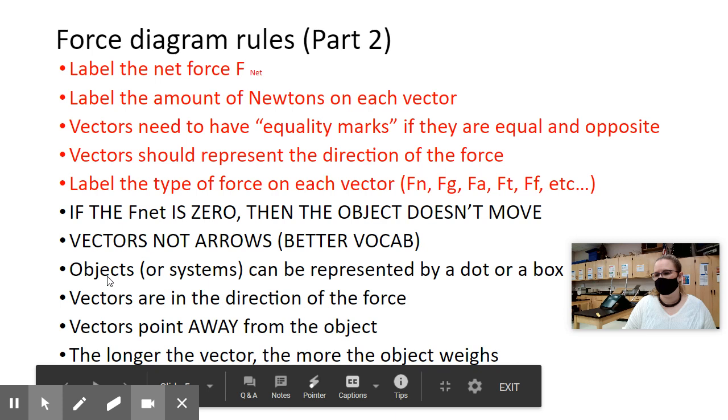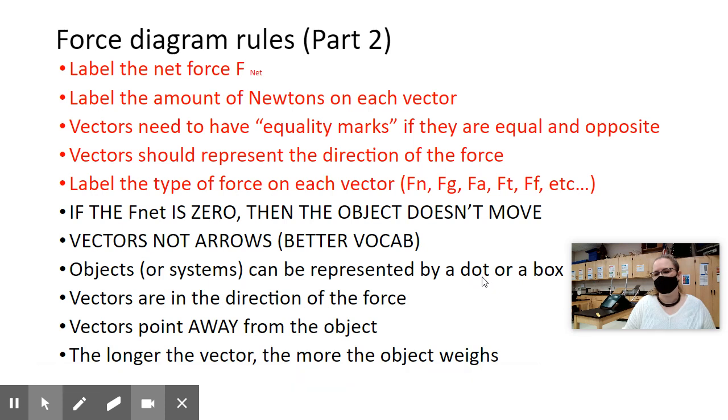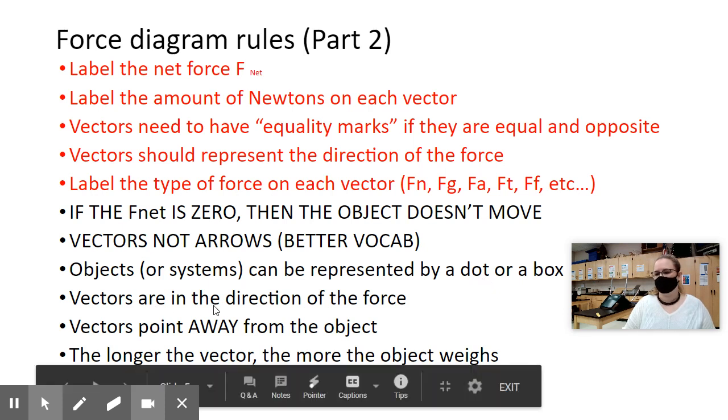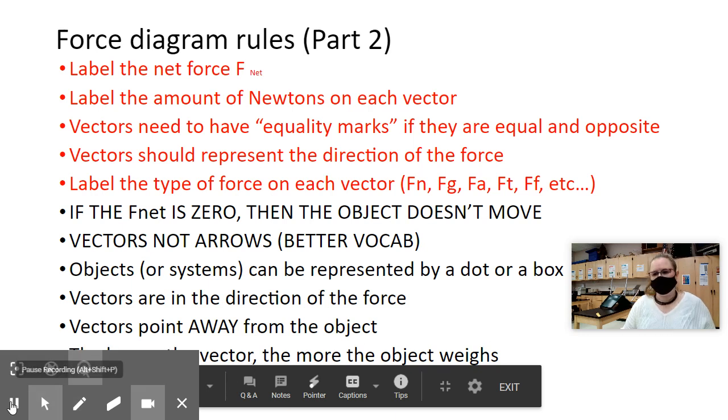The object is represented by a dot. Vectors are in the direction of the force, pointing away from the object. And the longer the vector, the more the object weighs.